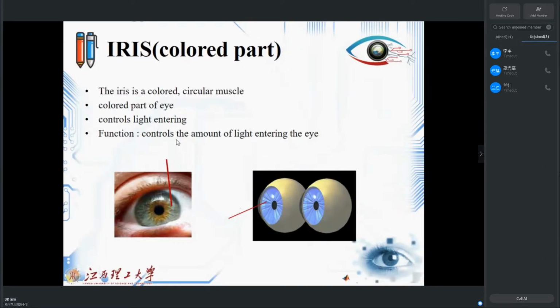Even digital cameras have features for controlling the entering light, and now there is auto tune or light adjustment that the cameras can work with. But in the old days, that was very difficult. Maybe when you were a child, you took a photo and the amount of light was not proper, and then the photo didn't have good quality.